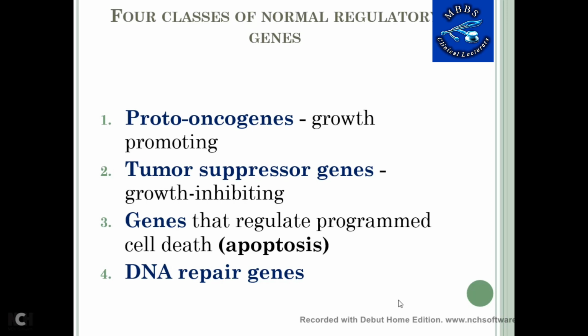It's a programmed cell death. And then there are DNA repair genes. So there are four basic kinds of genes which occur in the carcinogenesis sequence of any type of cancer. Proto-oncogenes are the growth promoting genes.